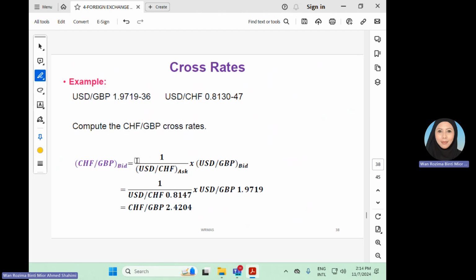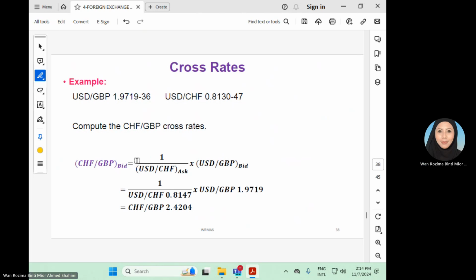This one is a common mistake. Reciprocal, according to bid, changes to ask. If you do not take the reciprocal, it's just bid, everything bid. But once you take the reciprocal, you have to change to ask.